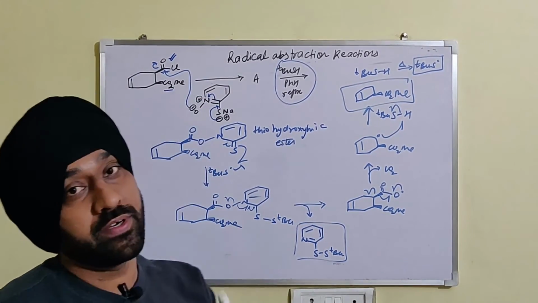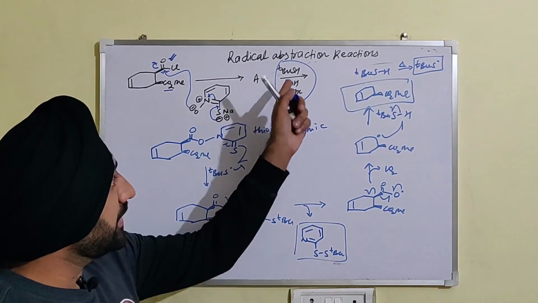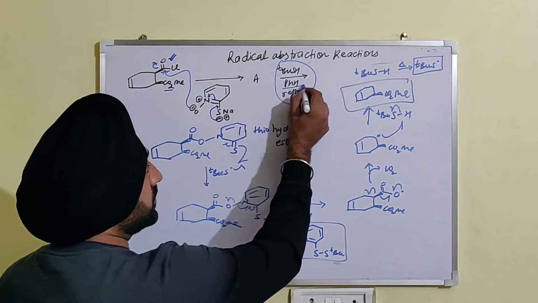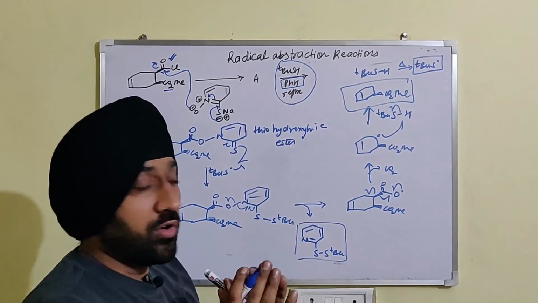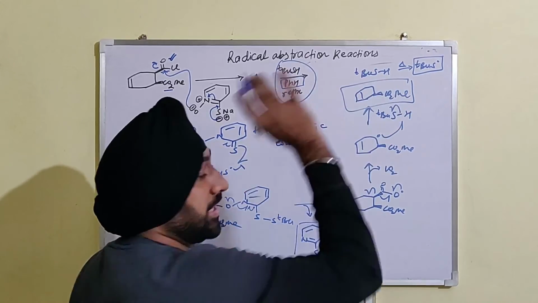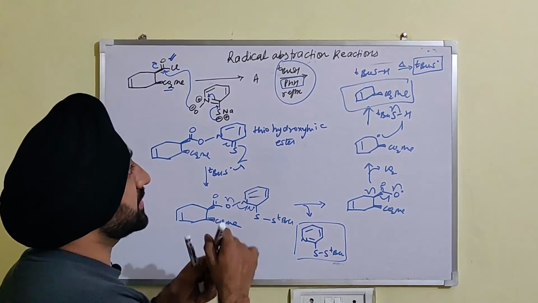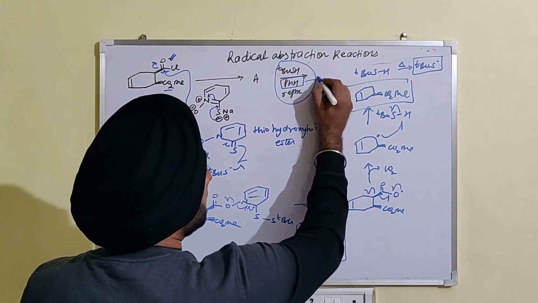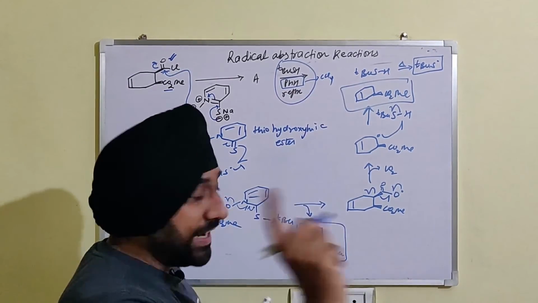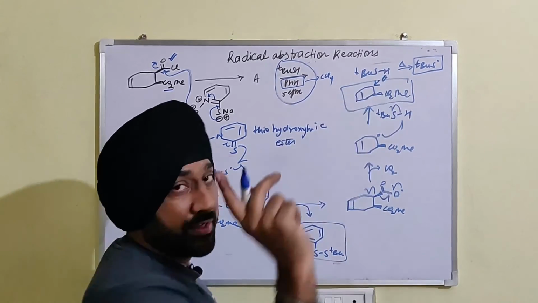Now there is one important thing that you should be mindful of. Suppose in this particular reaction we have used toluene. Since we have toluene, we are pretty much safe that we got the introduction of hydrogen here. Had we used CCl4 instead of toluene, what we would have got is the incorporation of a chlorine here.